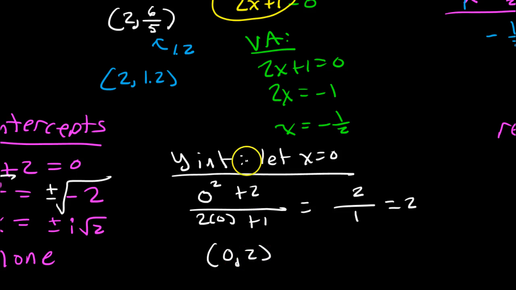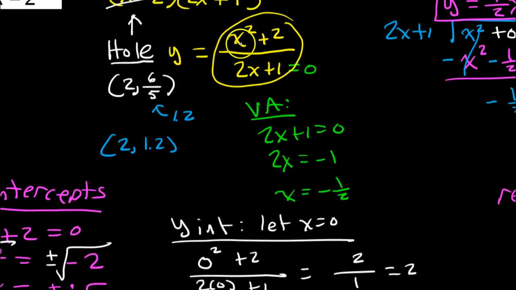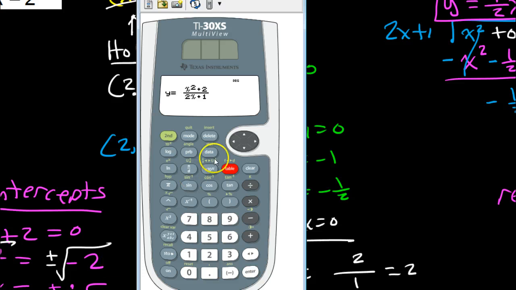Now, if you're comfortable with just putting in 0 for the x's, you can look at it and immediately see the y-intercept, even faster than you could use a calculator. But if you do need a calculator, you could use ask mode. We want to know the value at 0, and there you see it's (0, 2).